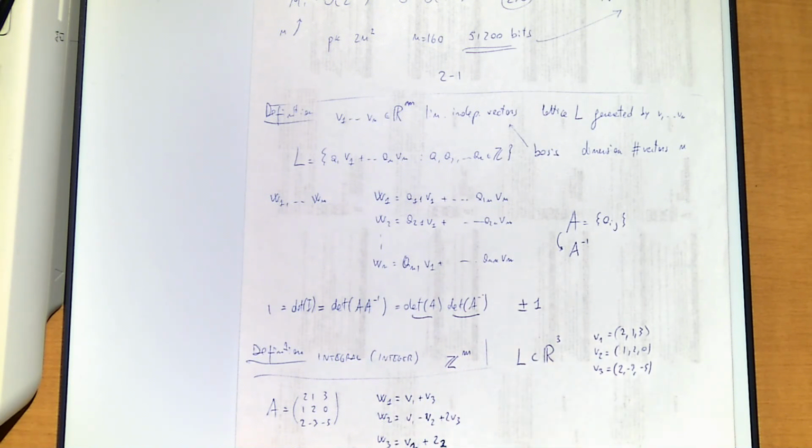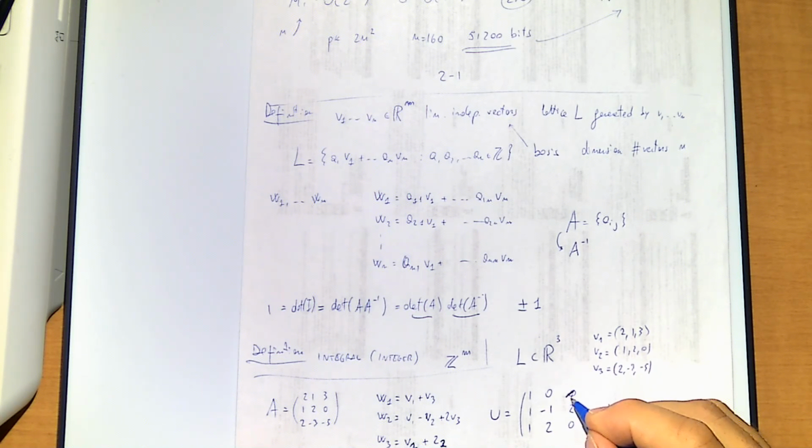Okay, there's an error in the book. So then basically what we'll do is we multiply this matrix A by the matrix U, which is given by these coefficients, which is going to be 1, 1, 1, because V1 is always present, and then 0, negative 1, 2, and then 1, 2, 0, because V3 is here.